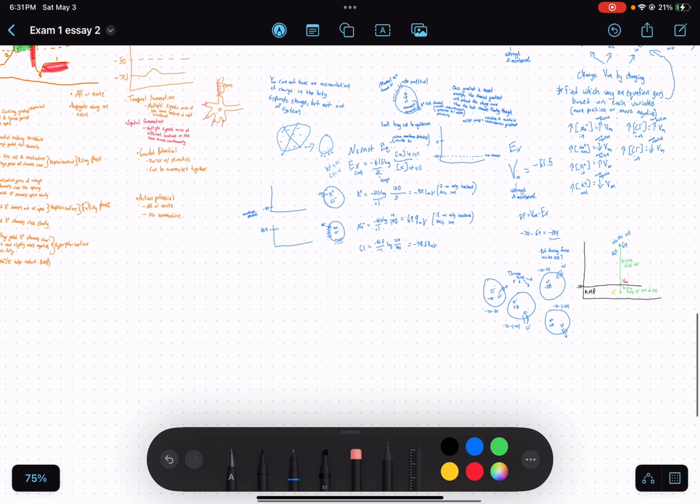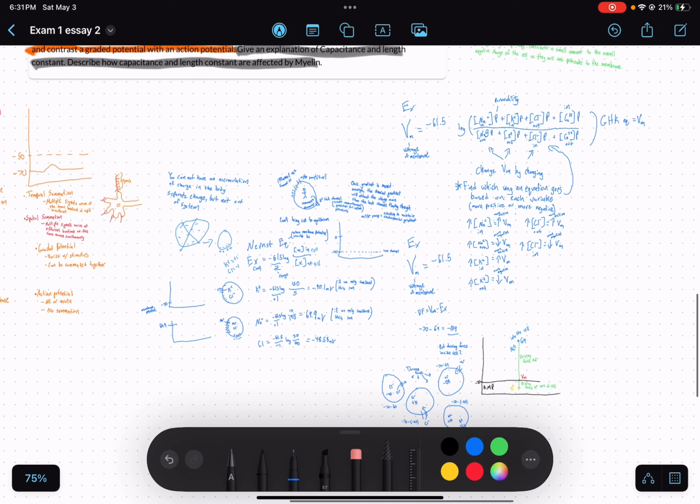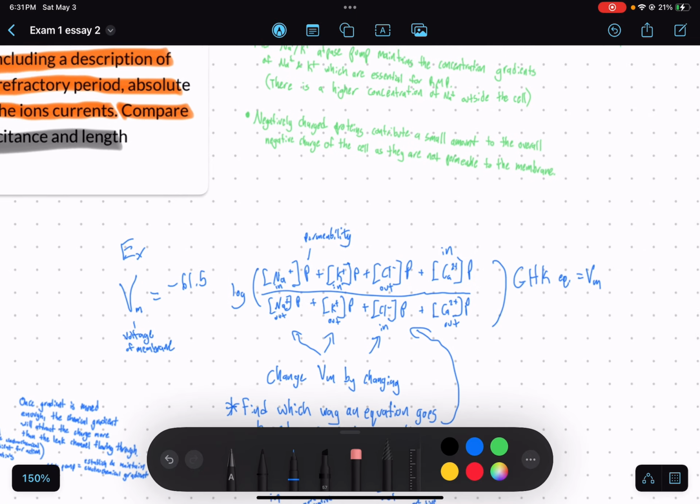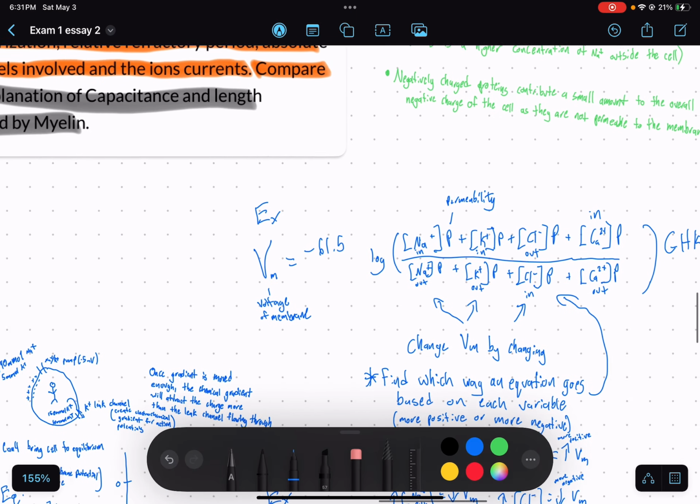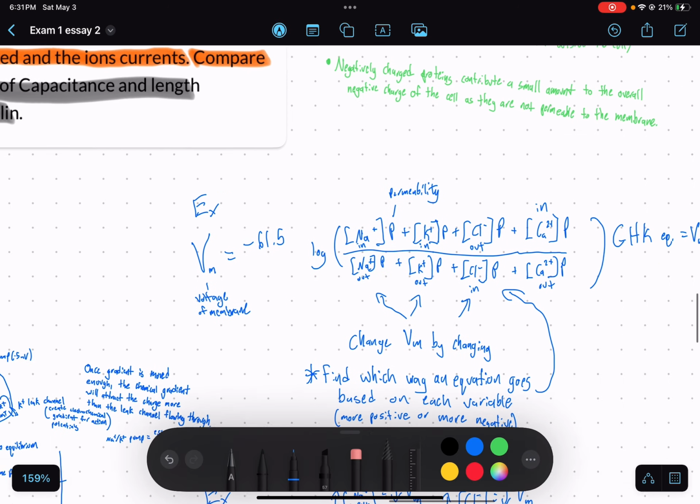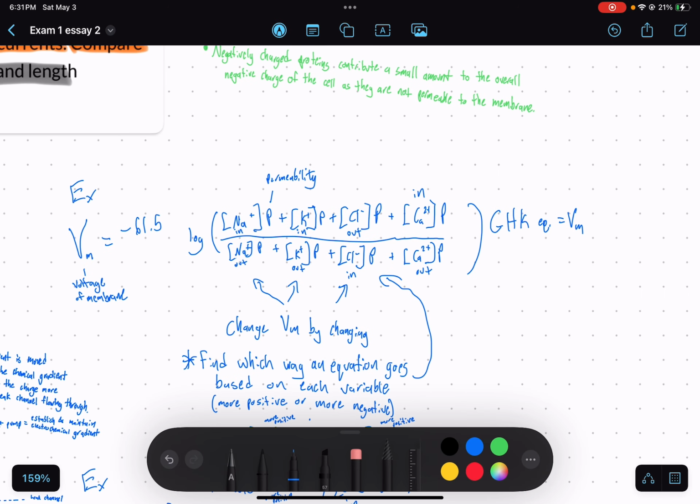Now let's take that and show you how you can get the voltage of the membrane itself. What you're going to do is take that negative 61.5 and multiply it by the log of the concentration of the sodium outside multiplied by its permeability, and add each ion that plays a role, such as potassium outside the cell with its permeability, chloride inside the cell and its permeability, and calcium outside the cell and its permeability.